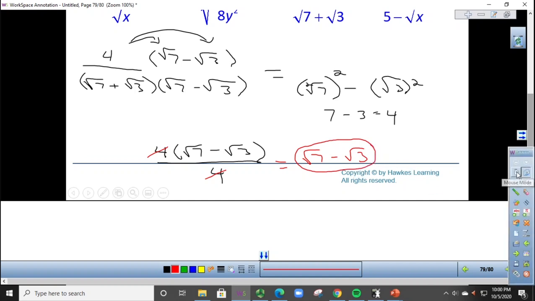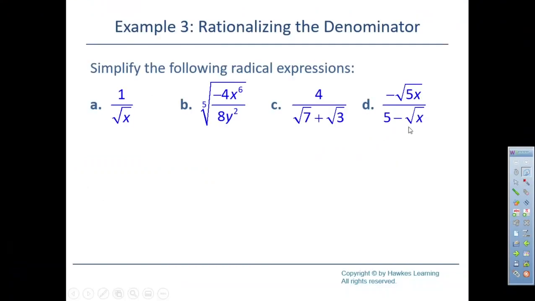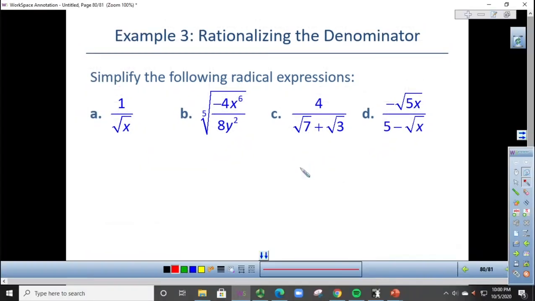Alright, so looking at this last question. For this one, let's rationalize the numerator this time, because you will be asked to sometimes rationalize the numerator. Anytime you're asked to rationalize, it just means you can't have a radical. So we can't have a radical in the numerator, and we have negative square root of 5x over 5 minus root x.